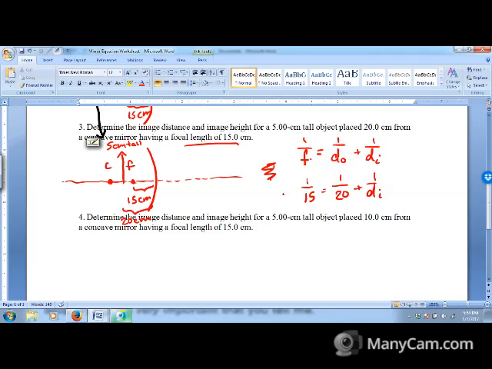If I subtract that, and if I switch everything up, I'd get 1/60th is 1 over di, which means 60 is my image distance. So 60 centimeters for that. And that's a positive 60, so it's going to be 60 in this direction.